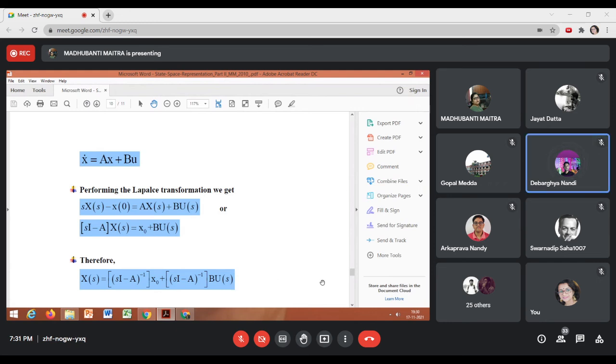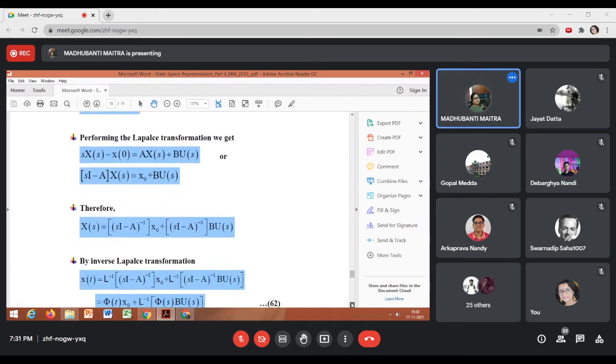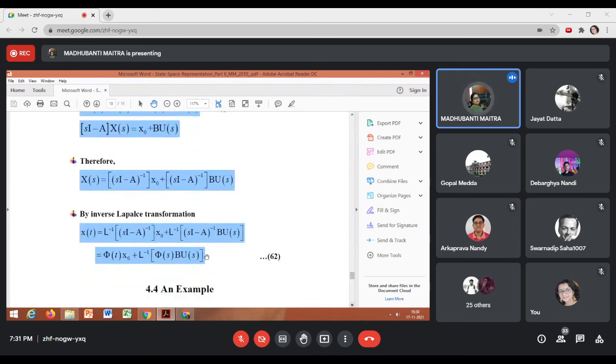Clear, ma'am. So x(t), we'll have to find out x(t), that is our goal. So for x(t), we'll have to take the Laplace inverse of this equation. So x(t) will be Laplace inverse of (sI minus A) inverse x0 plus Laplace inverse of (sI minus A) inverse BU(s), or Laplace inverse of phi s into x0 plus Laplace inverse of phi s into BU(s).